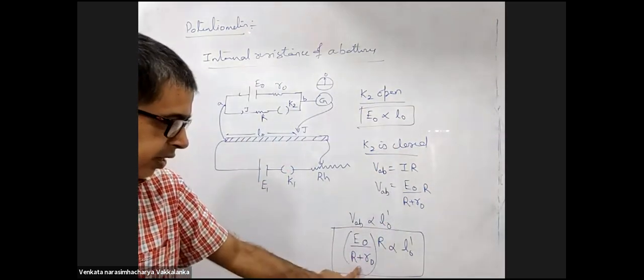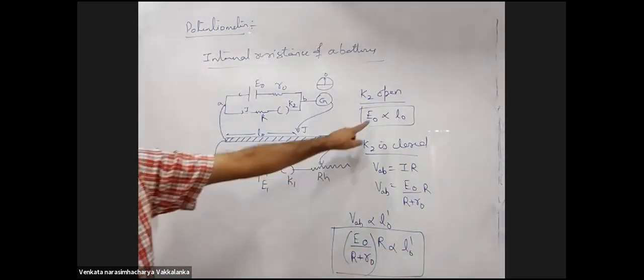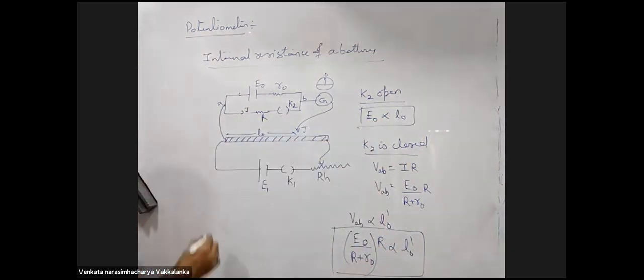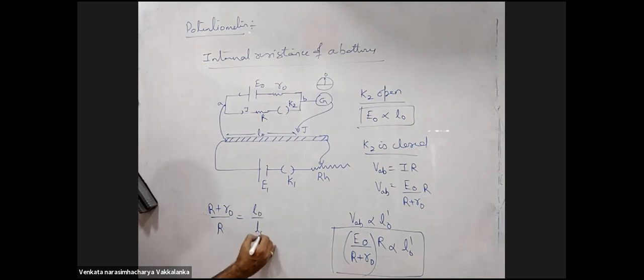VAB is this quantity. This is directly proportional to L0 dash. Divide both the equations. R plus R0 by R is equal to L naught by L naught dash.